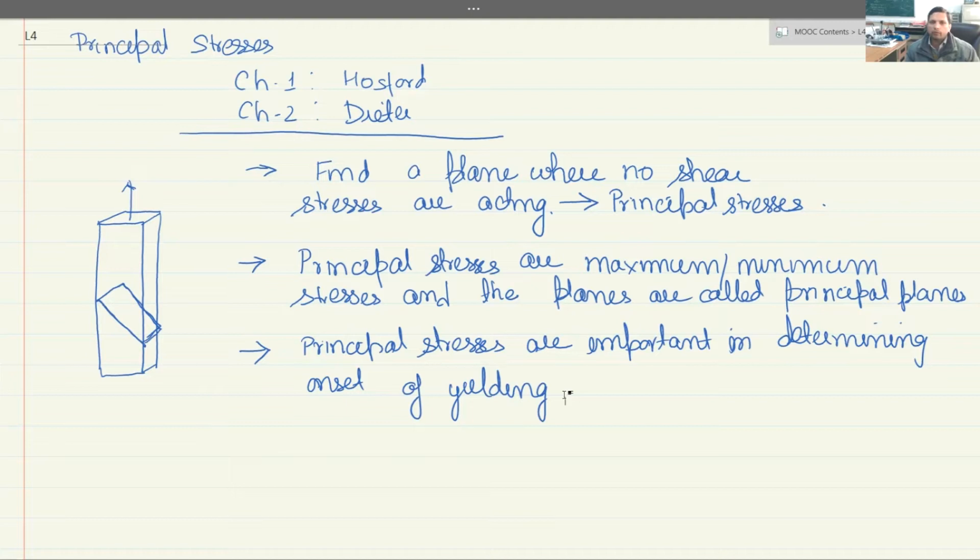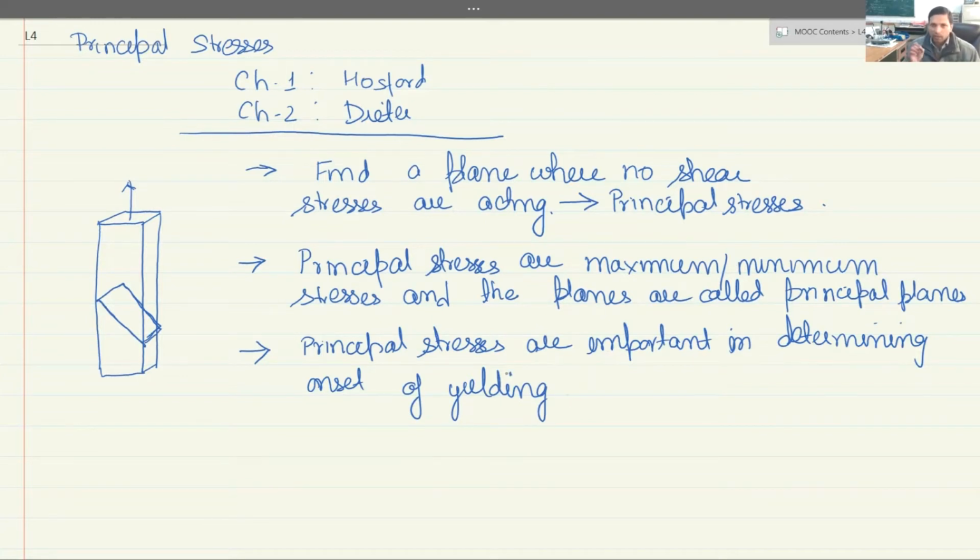How do we find the value of the principal stresses? There is an equation. We will not derive that equation, but we will look at it, and you will see that there are some parameters called invariants, which are related to the values of stress. As the name suggests, their values remain invariable no matter what orientation of the element you select.